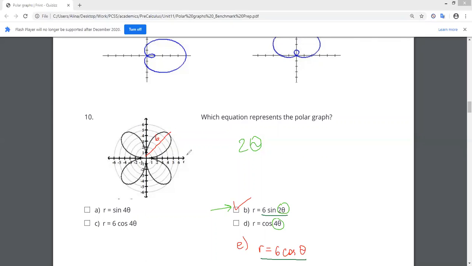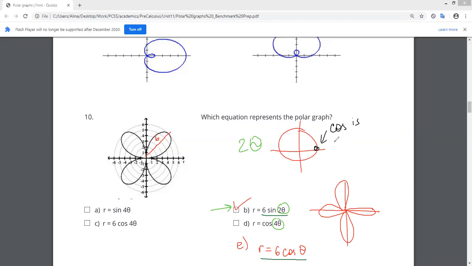So sine theta would just be centered on the y-axis, where cosine would be the opposite, on the x-axis. Oh, almost. We know that cosine maximizes at 0. So it will be the same 4 petals, but the position of them would be slightly different. If you remember trigonometry and the unit circle, cosine is at maximum at 0, which means the first petal will be there for cosine.